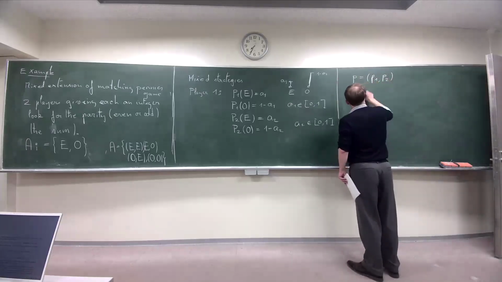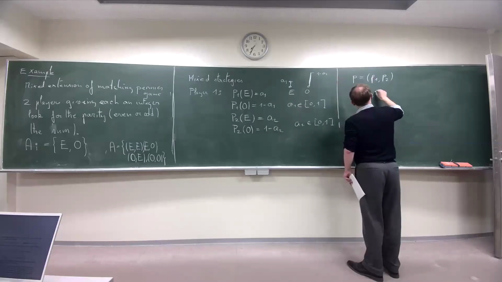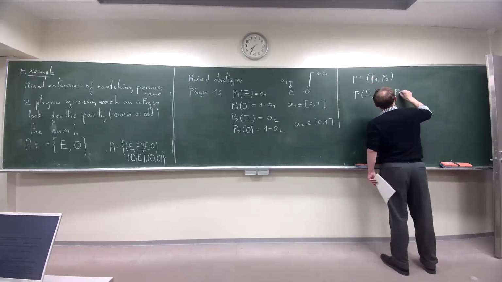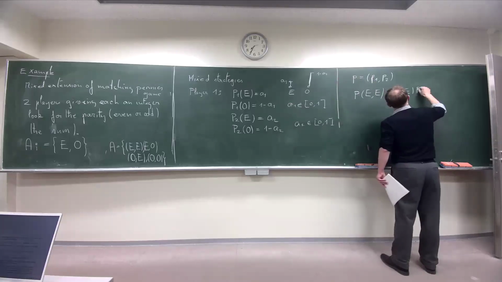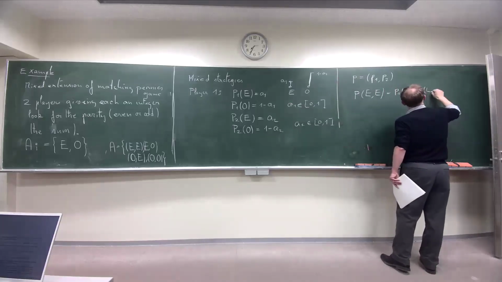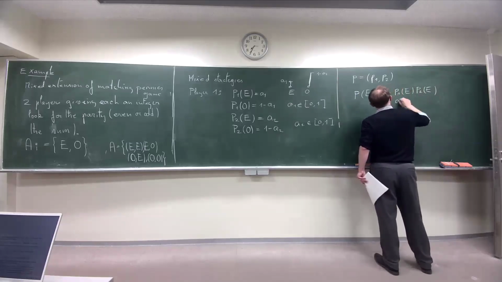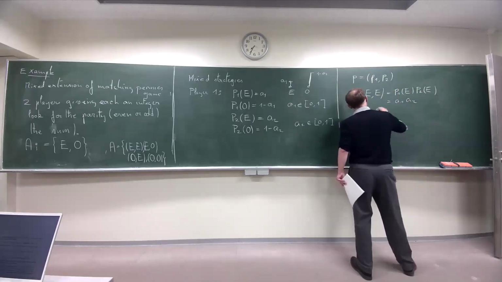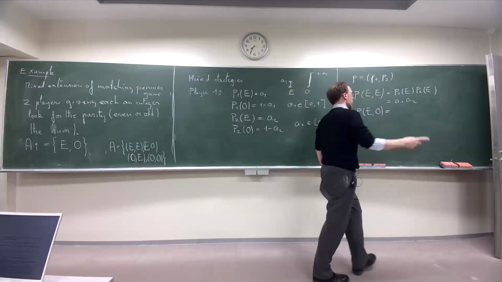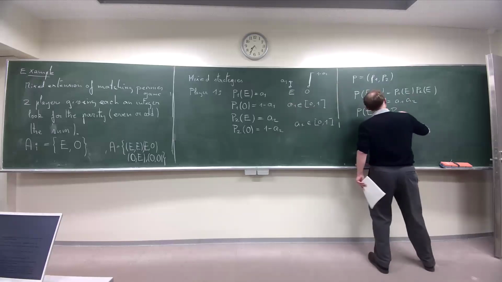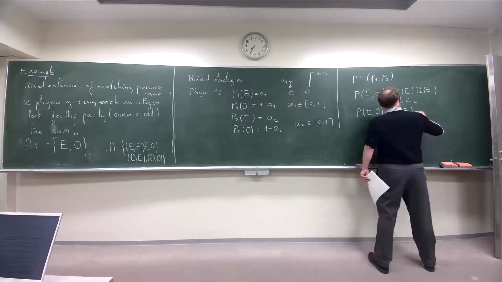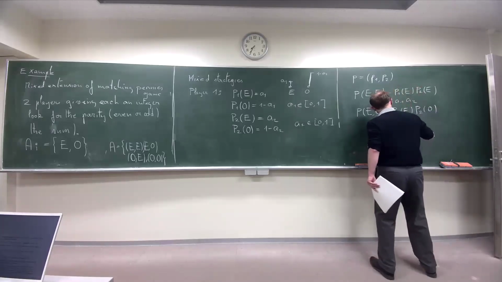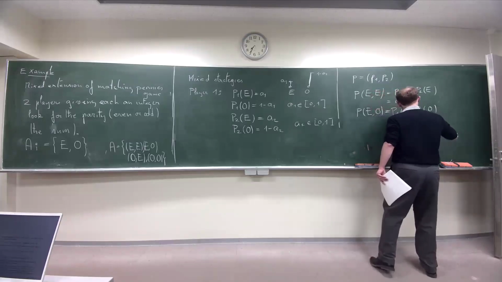And we have to compute P of EE. Look, by the definition I gave, it's P1 of E times P2 of E. So this is A1, A2. Now you have P of EO. Look at the definition, it's P1 of E, P2 of O. It makes A1, 1 minus A2.